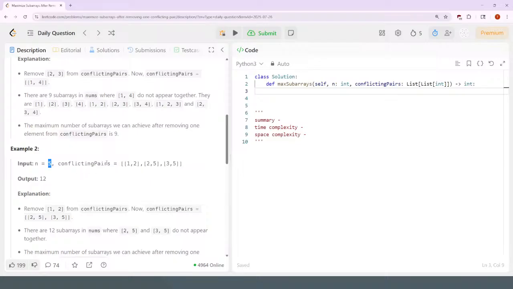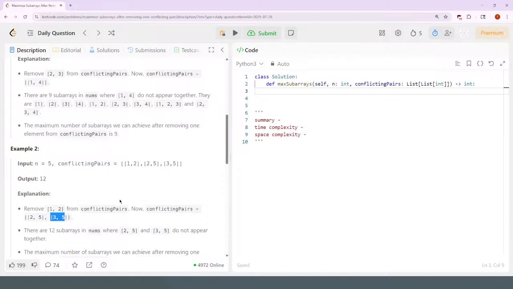And then if n is 5, then you have 1 through 5. The conflicting pairs are [1, 2], [2, 5], and [3, 5]. So there's at most 15 subarrays if you didn't have any conflicting pairs. And then here they say to remove [1, 2], leaving [2, 5] and [3, 5].